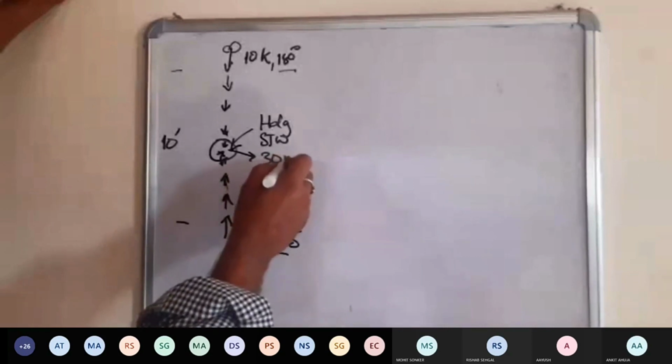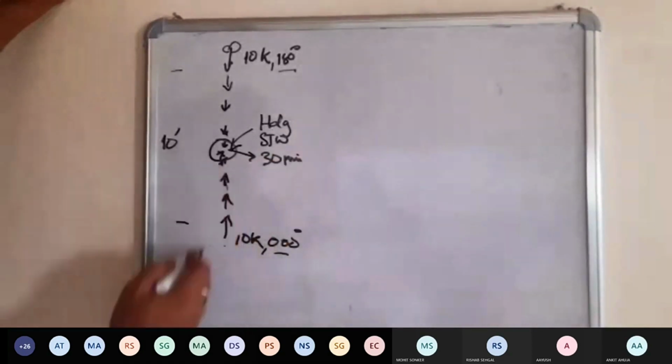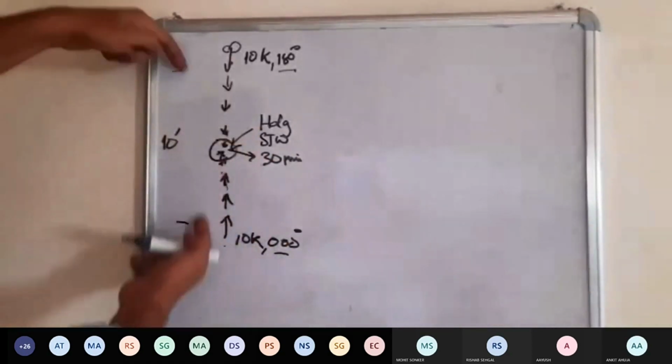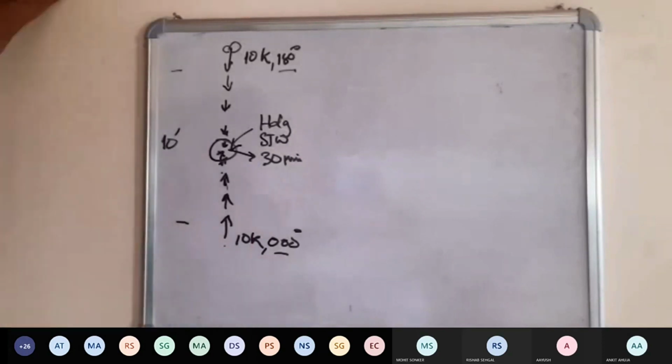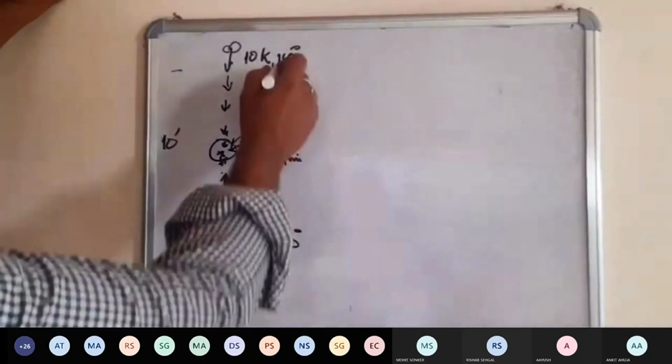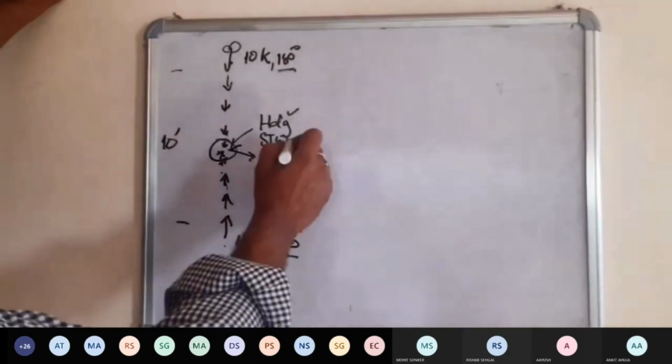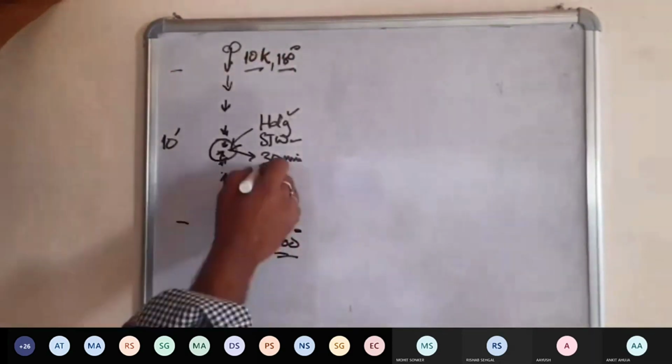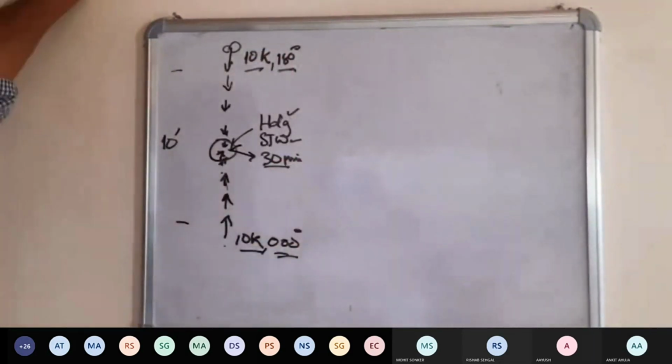Time 30 minutes. 5 knots this one will go in half an hour, 5 knots the other will come. Total 10 miles covered. So heading of the ship like this, speed through water like this, time this much. Is it okay? Yes, sir.